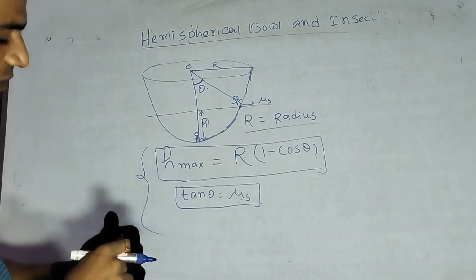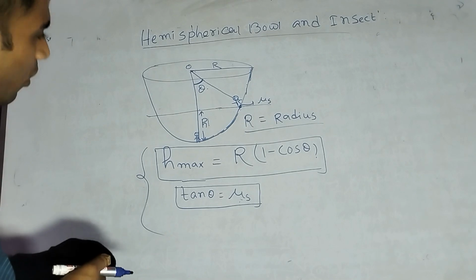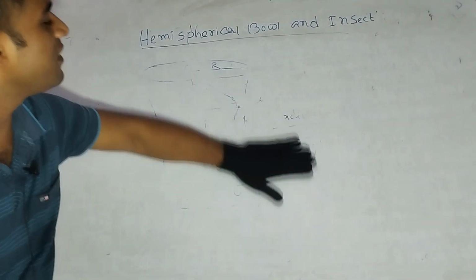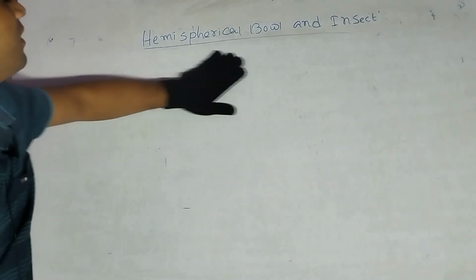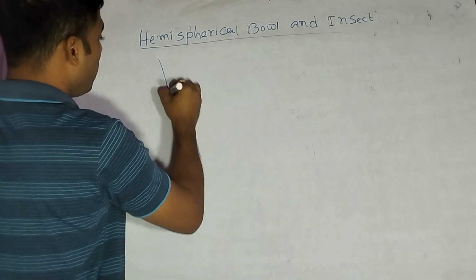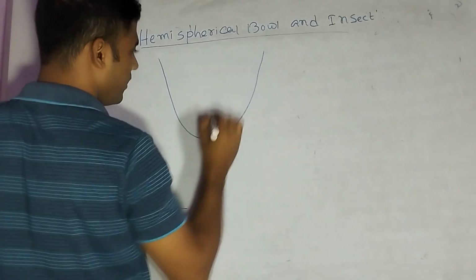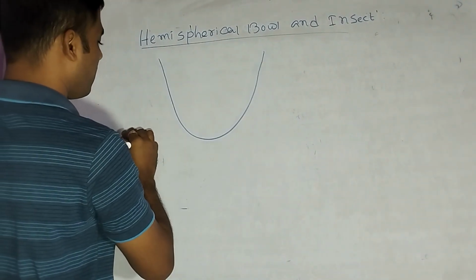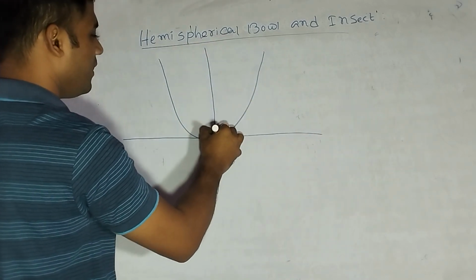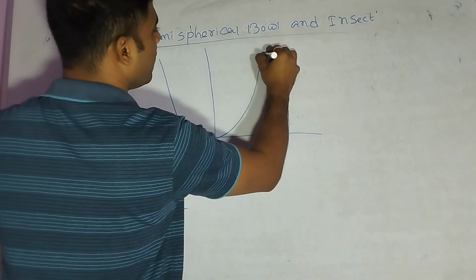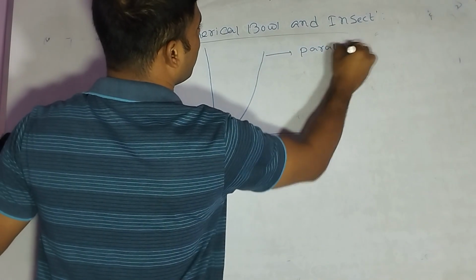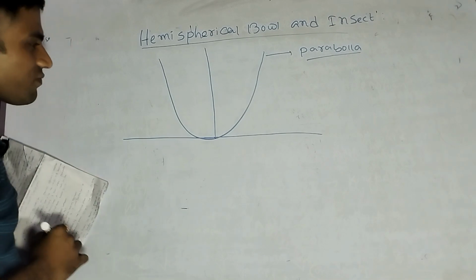If the insect tries to crawl on the parabolic equation, this is the parabola, the parabolic graph.